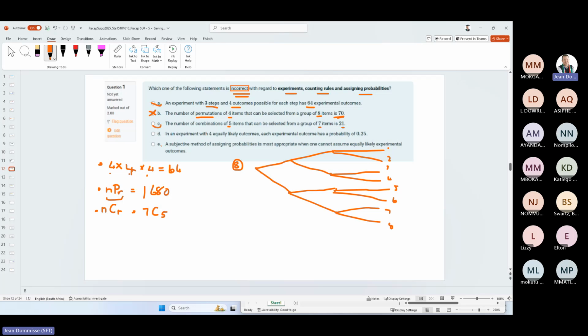Okay, so that is just on permutations and combinations.